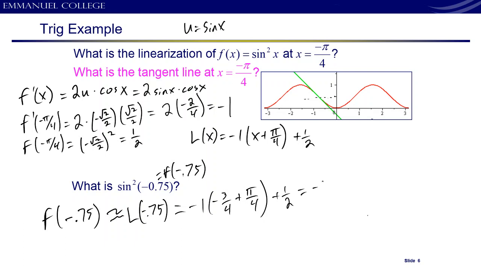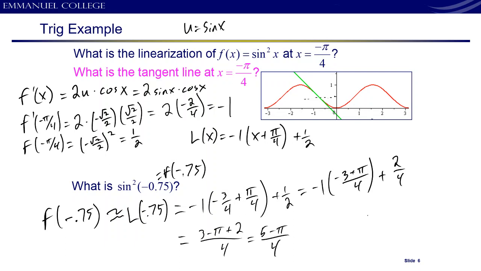So this is going to be negative 1 times negative 3 plus pi all over 4, plus, I'm going to go ahead and get this with a common denominator, so plus 2/4. So that's going to equal 3 minus pi plus 2 all over 4. So I'm going to get 5 minus pi divided by 4.